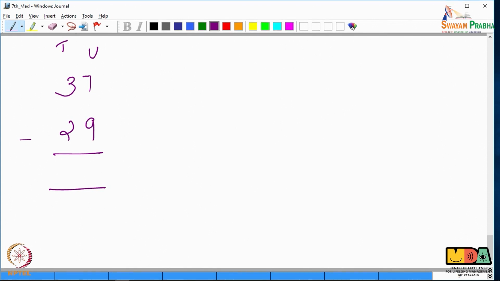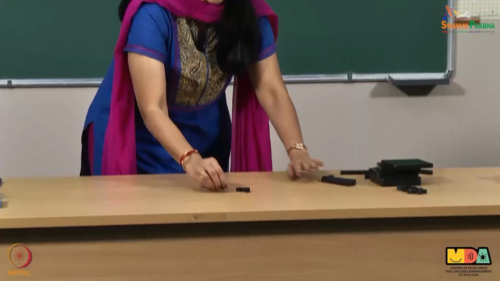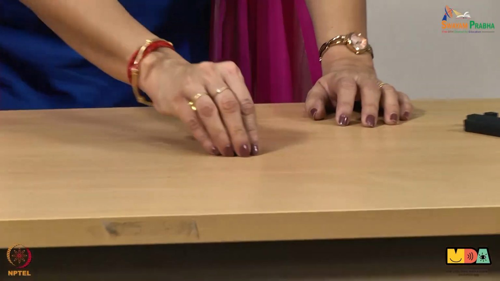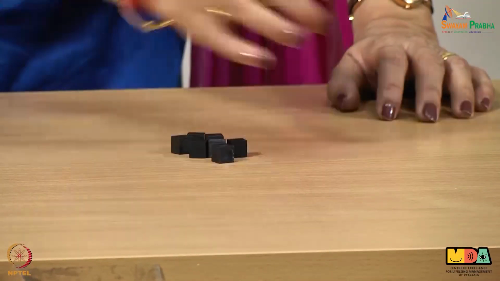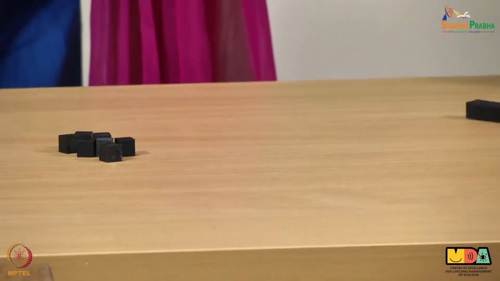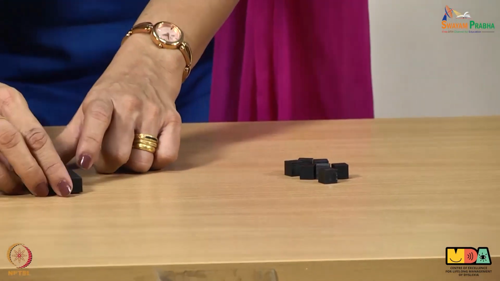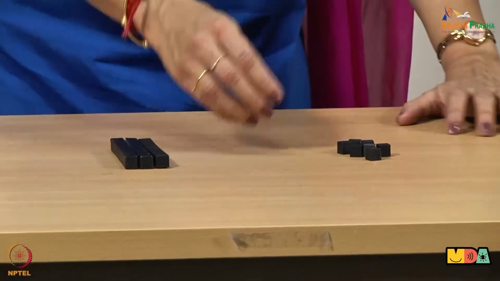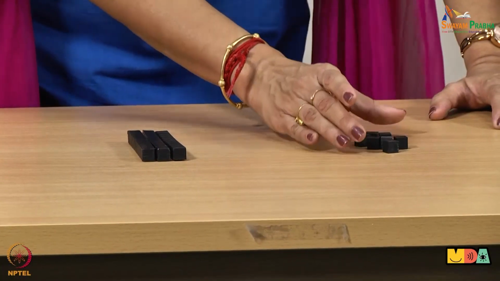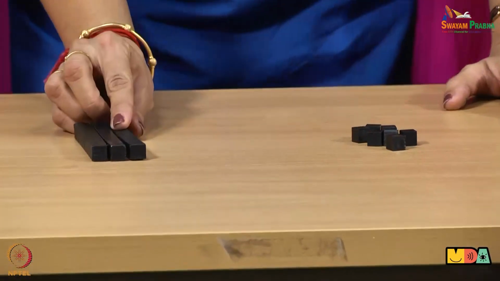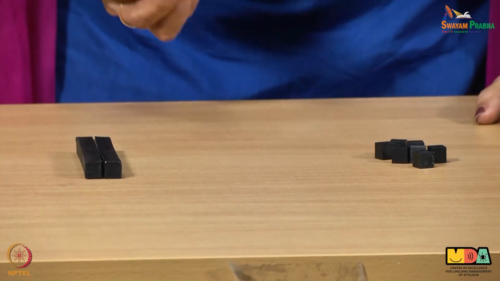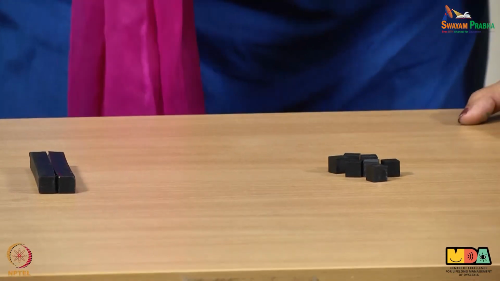Now let us see how to subtract 29 from 37 using manipulatives. So, we need to have 7 over here and 3 in the tens column. So, the child has to take away 9. The child knows that she can't take away 9. So, she borrows from the tens and leaves it here in the bank.